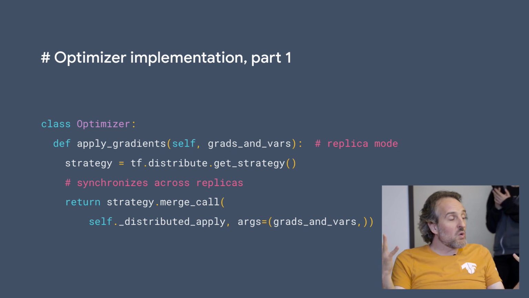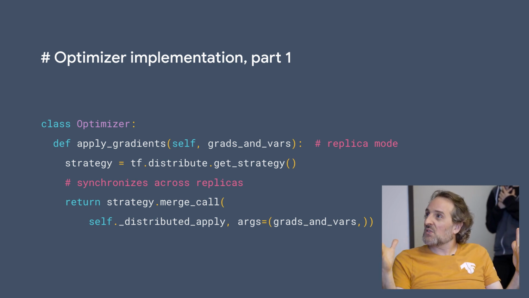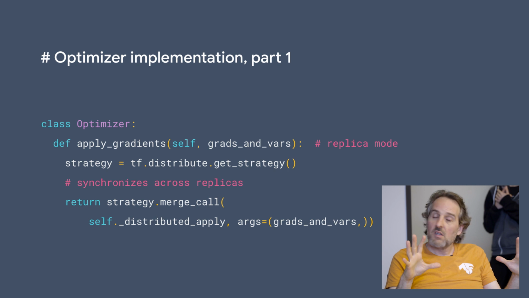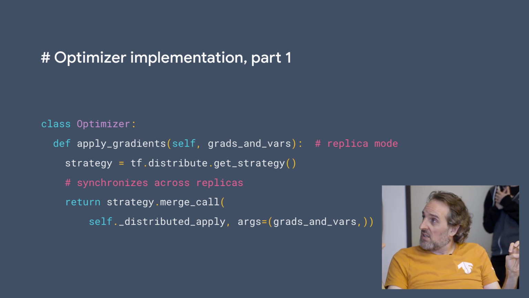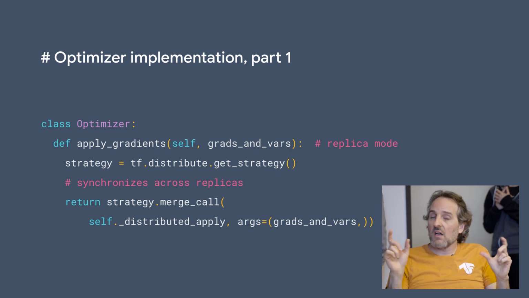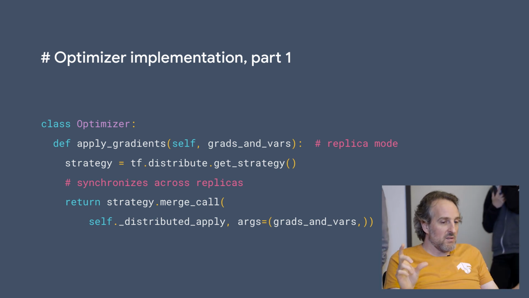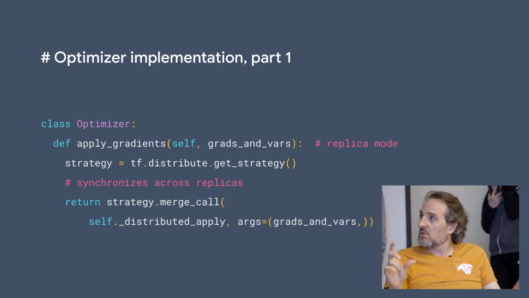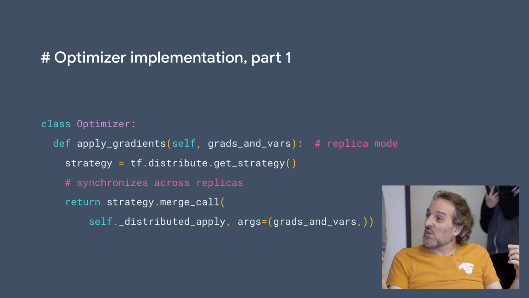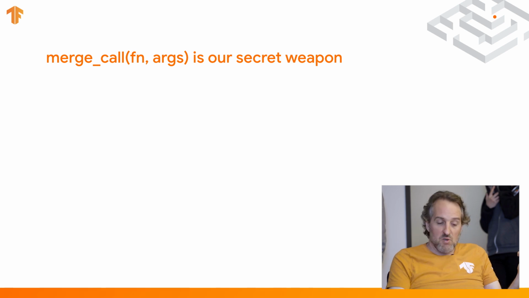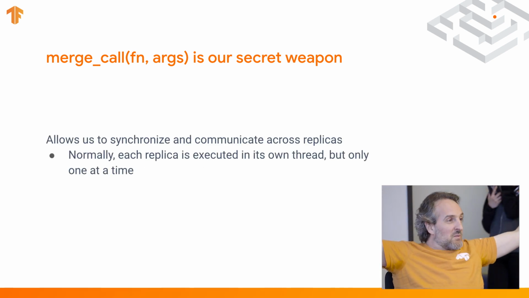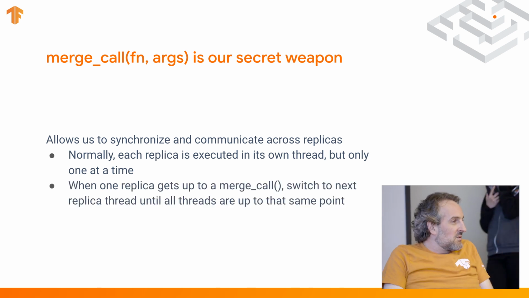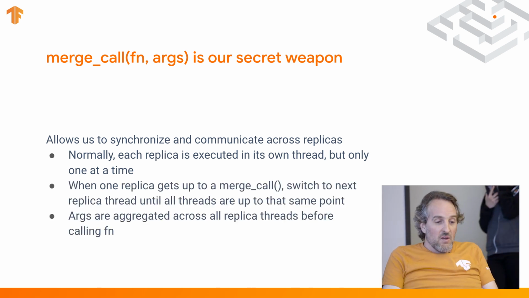So now going into optimizer. For the optimizer, we need much bigger changes. So we're going to look at the apply gradients call. It's passed a parallel list of gradients and variables. And again, we get the strategy, and then we do this thing called a merge call. Now, merge call is the secret weapon we developed at the beginning of creating distribute strategy.